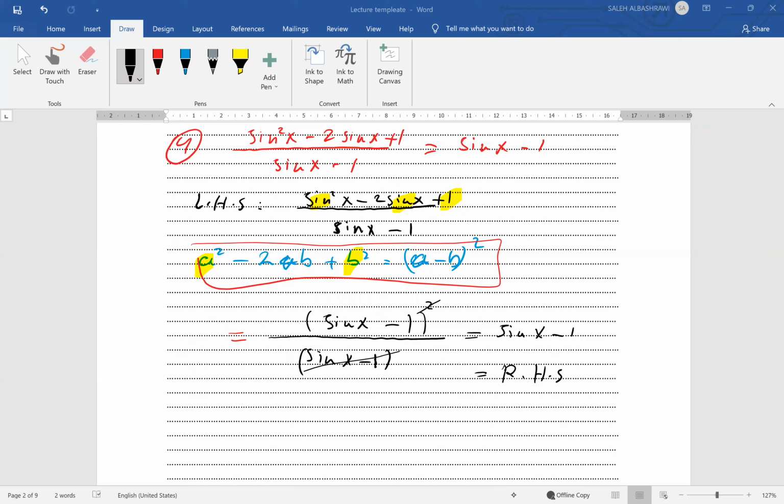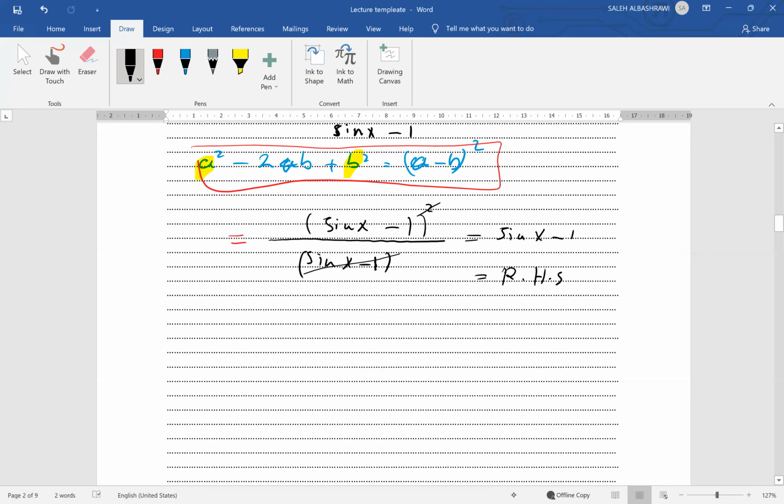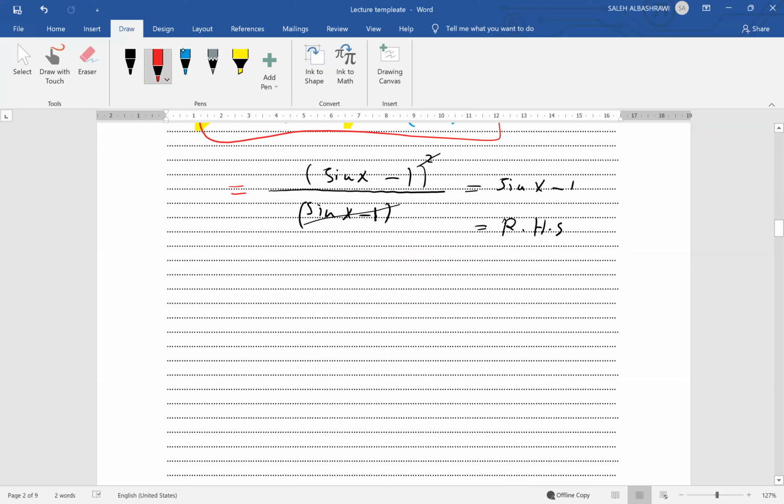One more example. Question number 5. Sine x minus cosine x multiplied by sine x plus cosine x equal to 1 minus 2 cosine square. I will take again the left-hand side.